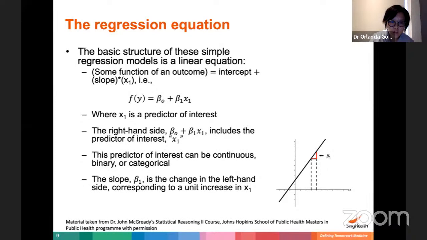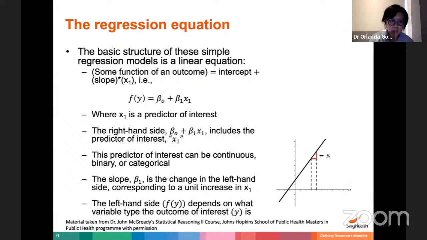And then the slope B1 is actually the change in the left-hand side corresponding to a unit increase in x1, meaning for every unit change in our covariate, for example, whether a person is male or female, or whether there's myocardial viability or not, what is the change that we expect in the outcome. And that is actually the coefficient.